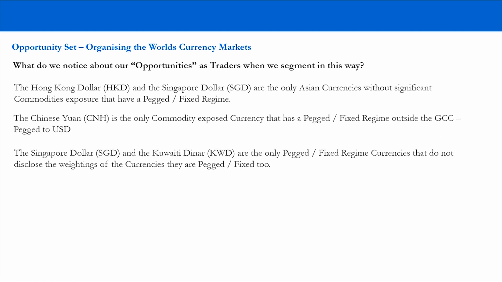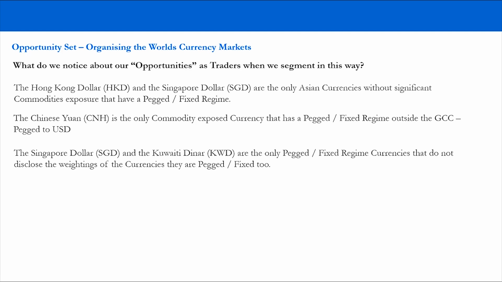What else do we notice about our opportunities when we segment in this way? Well, we find that the Hong Kong dollar and the Singapore dollar are the only Asian currencies without significant commodities exposure. So they're pretty diverse. The only ones without significant commodities exposure that actually have a pegged or fixed regime.